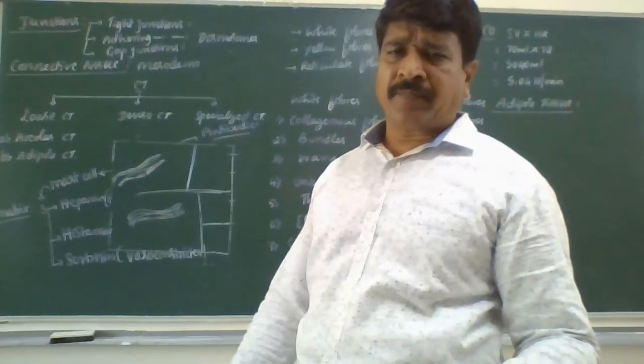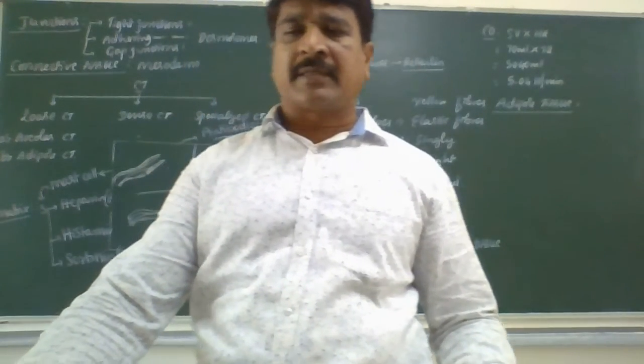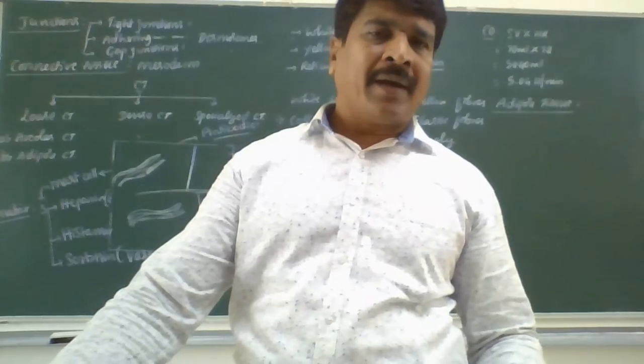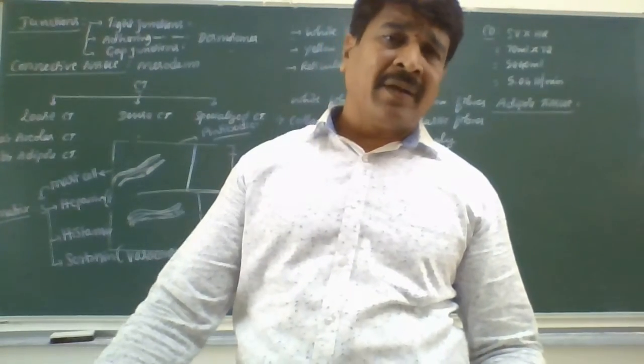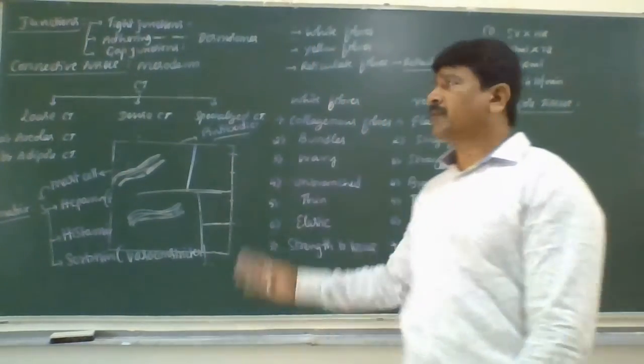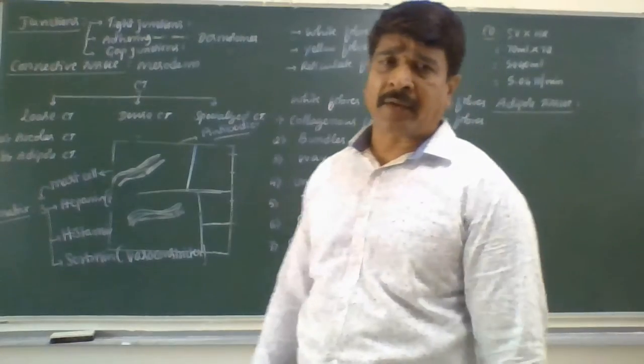Below the skin, between the muscles, around the kidneys, blood vessels, heart, eyes, intestine, and in the bone marrow of the long bones. All these places you can find the adipose connective tissue. Clear? I think you are getting it now.